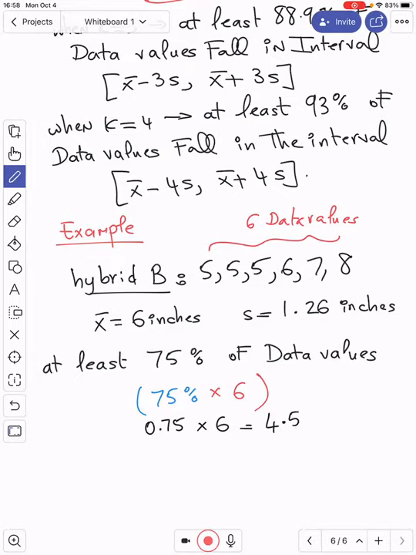So we are saying that of the 6 data values, at least 4.5 fall in the interval.